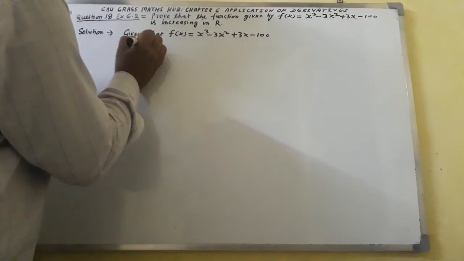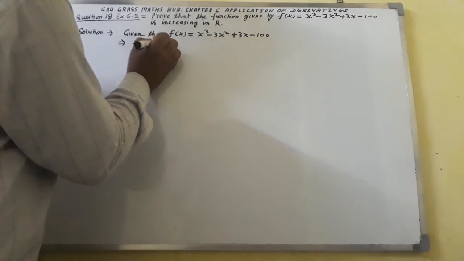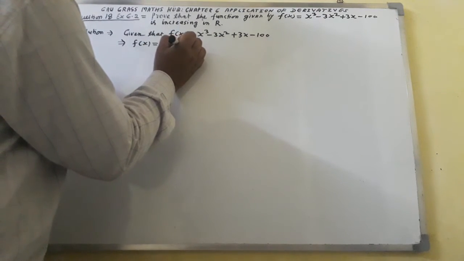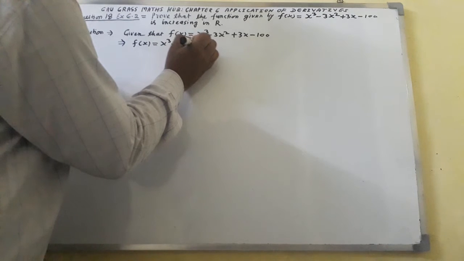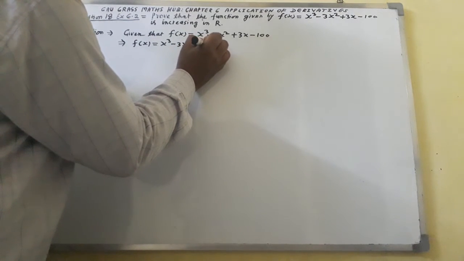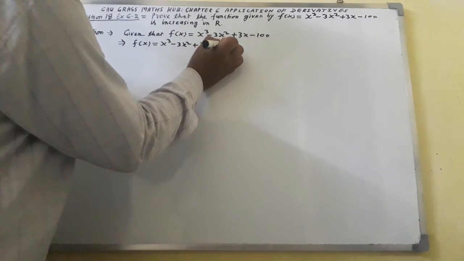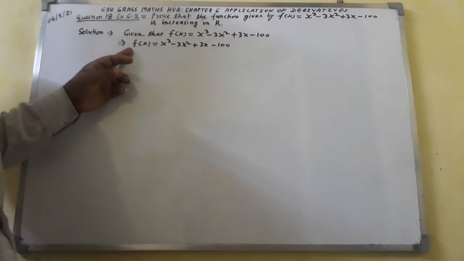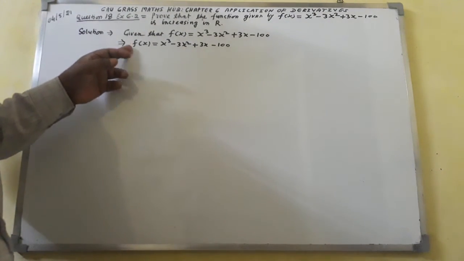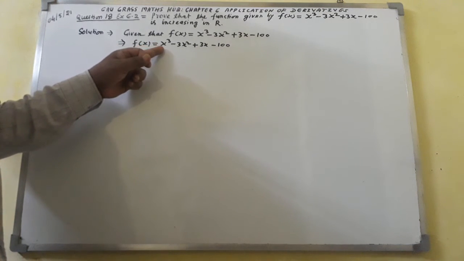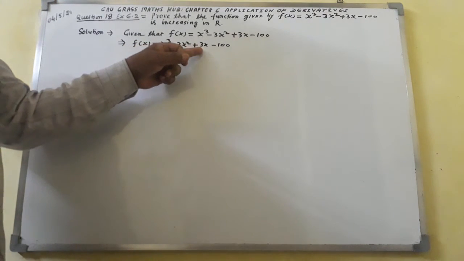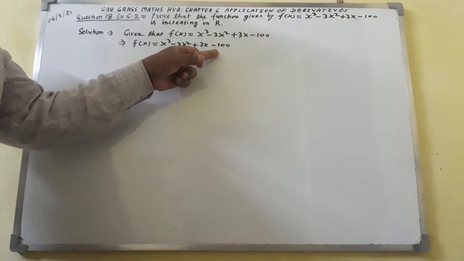Again I shall write, implied that f of x equal to x cube minus 3x square plus 3x minus 100. This is a polynomial function.